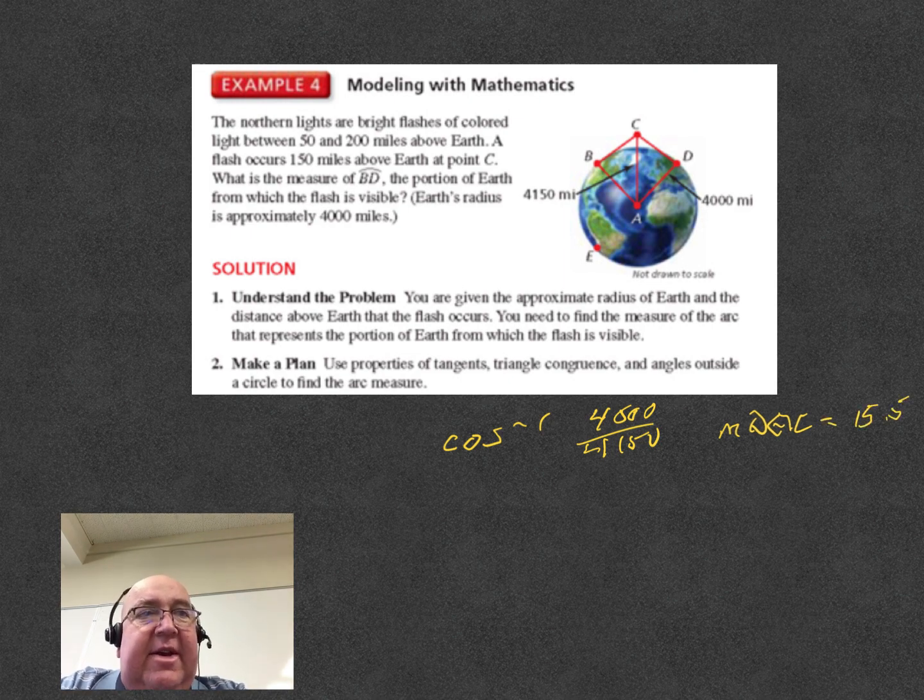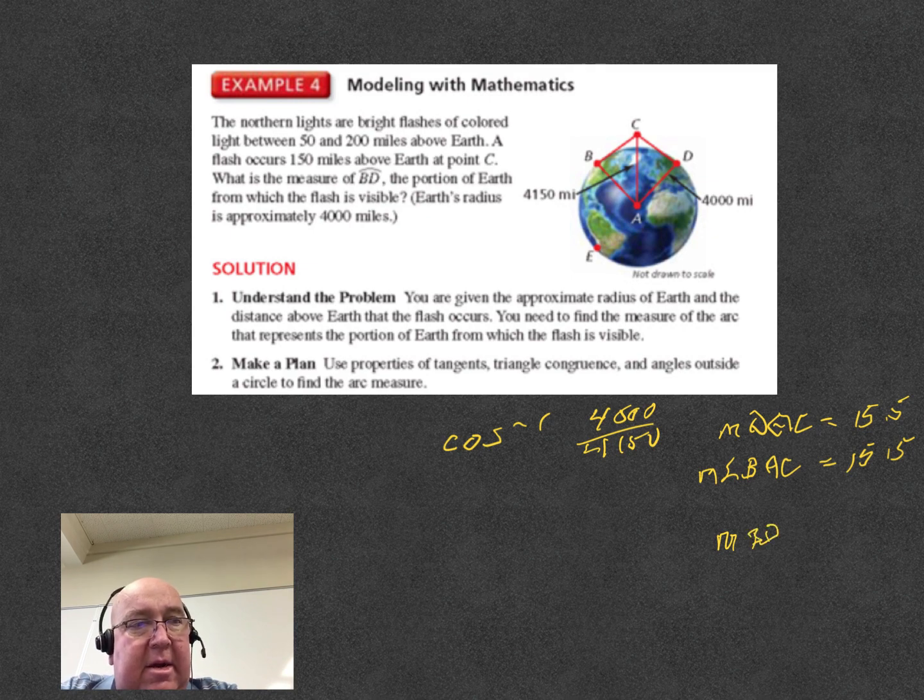I also want to find the measure of angle BAC. And because they're congruent, we know that that's going to be 15.5. So the measure of the arc BD is about 31.